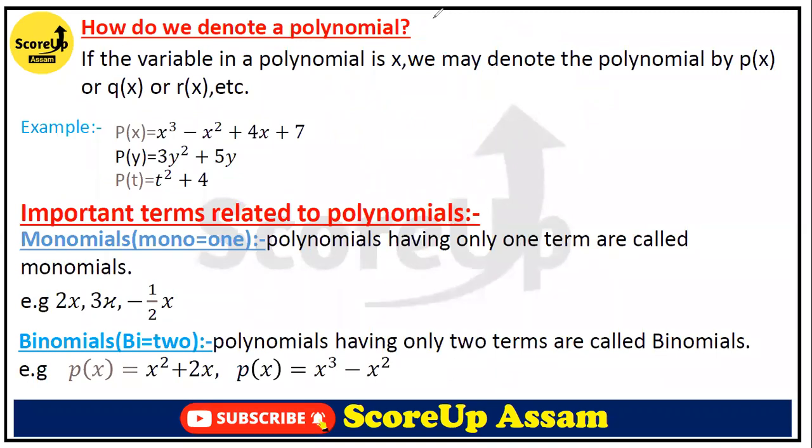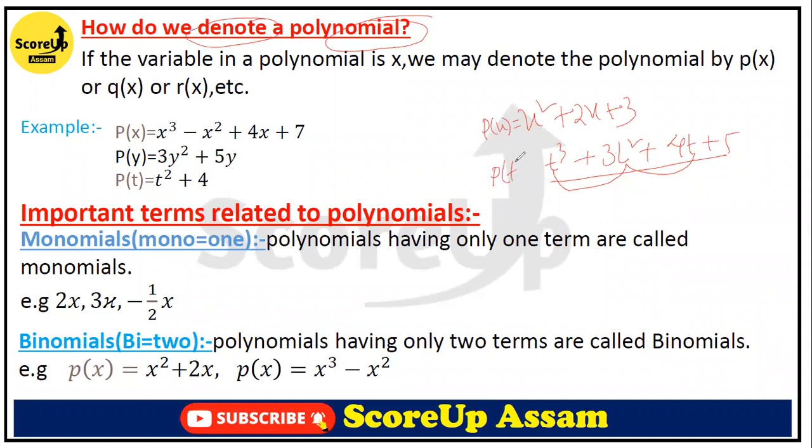So how do you denote a polynomial? Suppose we write x square plus 2x plus 3. This polynomial is in one variable, so we can denote it as p of x is equal to x square plus 2x plus 3. If I write a polynomial t cube plus 3t square plus 4t plus 5, we will denote the variable as t. That means this is a polynomial in one variable, so we can denote it as p of t.